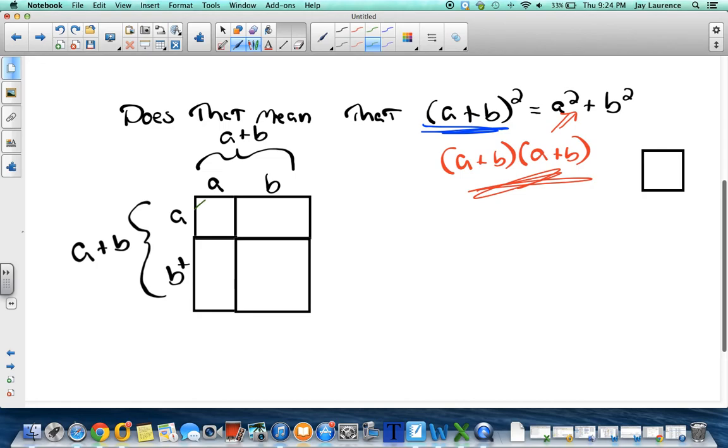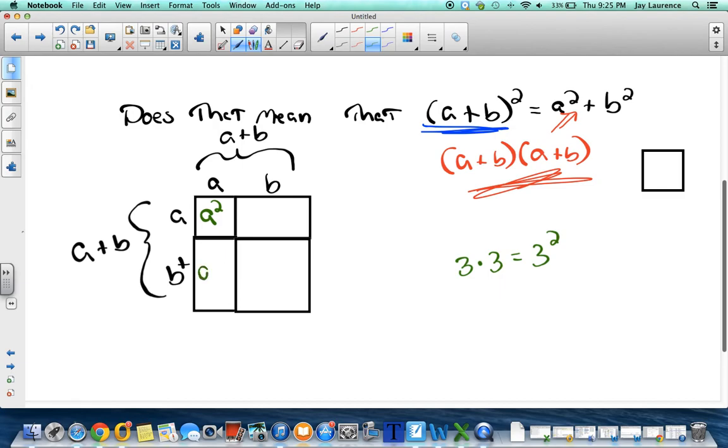Let's find the area of this little square here. Well, its length or its base is a, its height is a, and a times a is a squared. 3 times 3 is 9, or you could think about it as 3 squared. Now, this rectangle here would be a times b.